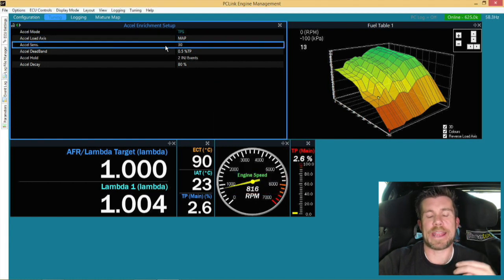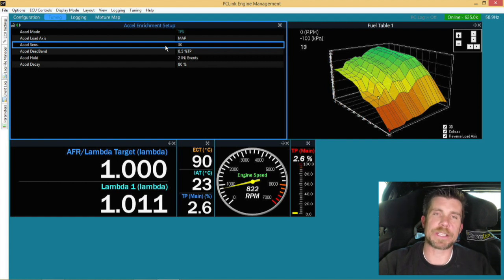Then we've got our acceleration sensitivity. There are two aspects to the way the Link G4 VIPEC ECUs do their acceleration enrichment. We've got acceleration sensitivity, and we also have an acceleration clamp, and the two work hand in hand. Essentially this value here defines, as its name implies, sensitivity to rate of change of throttle position.